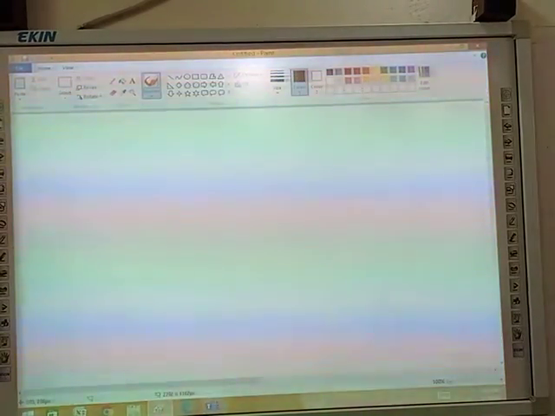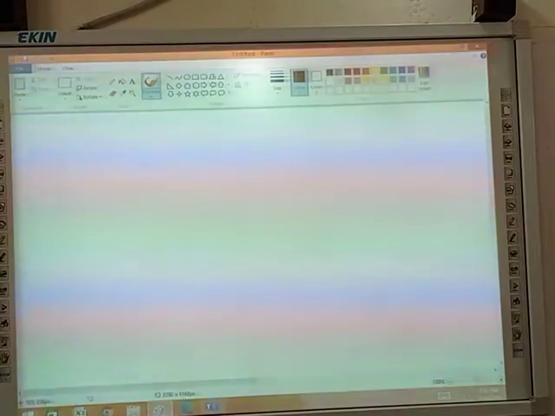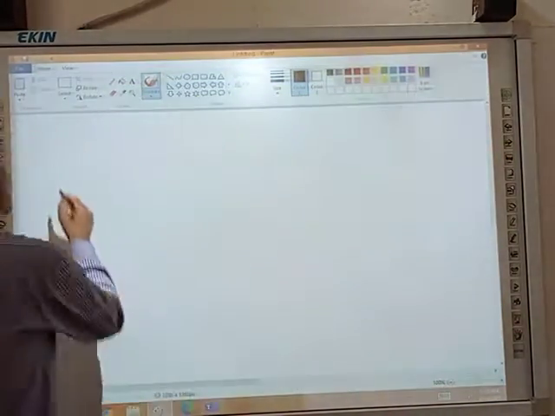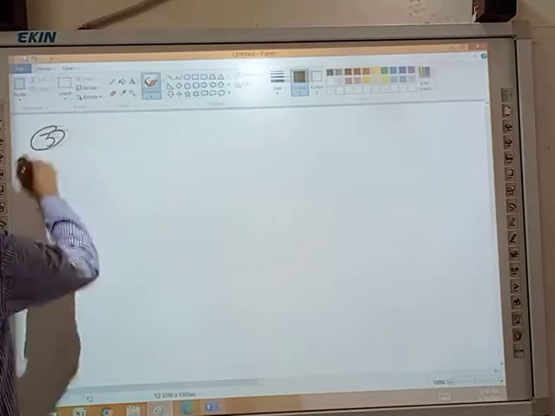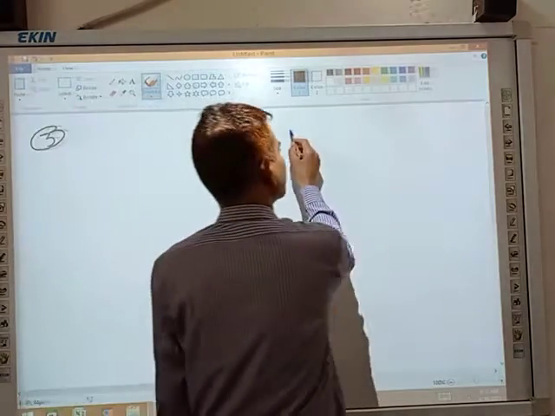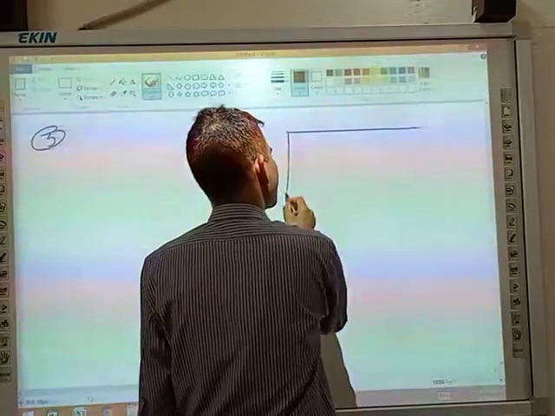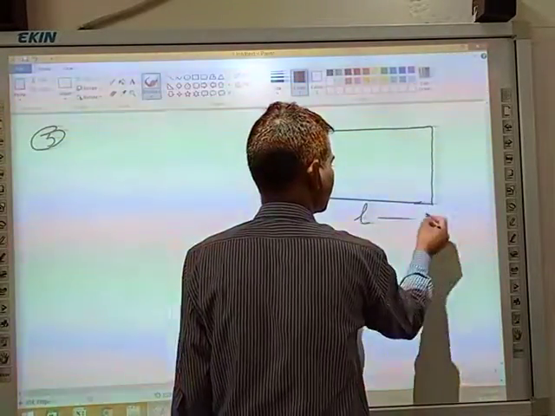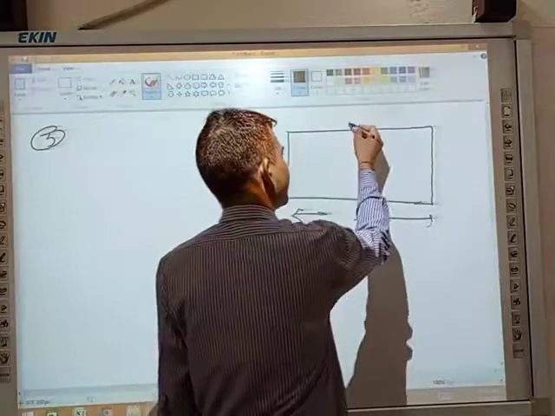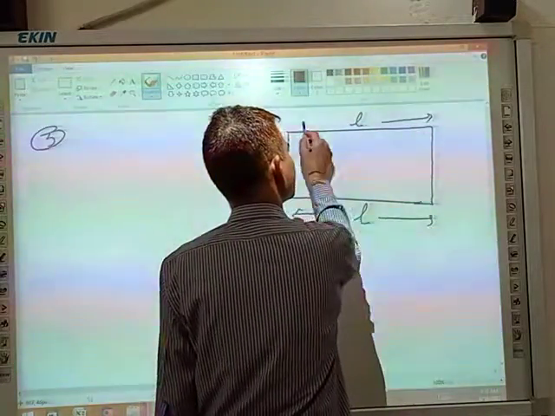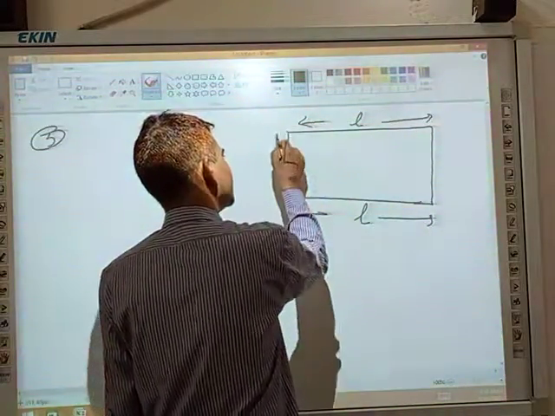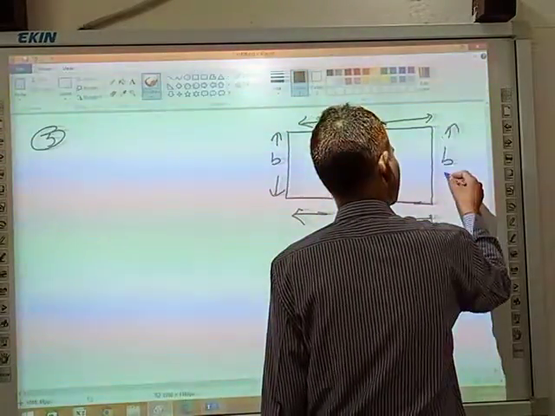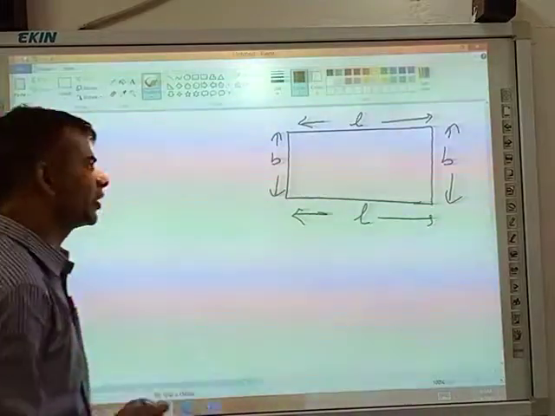Students, half the perimeter of a rectangular garden. First of all, please tell me what is the perimeter of a rectangle. This is your length, this is your breadth.